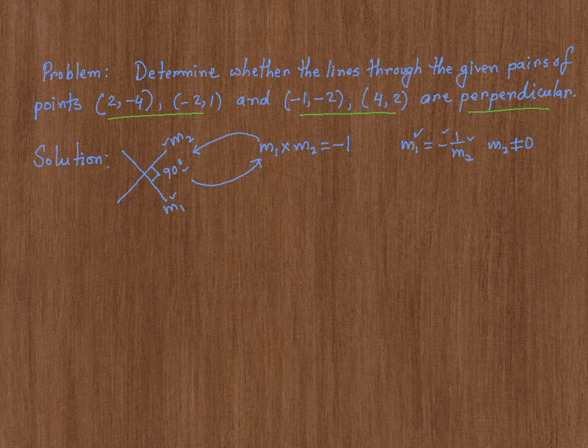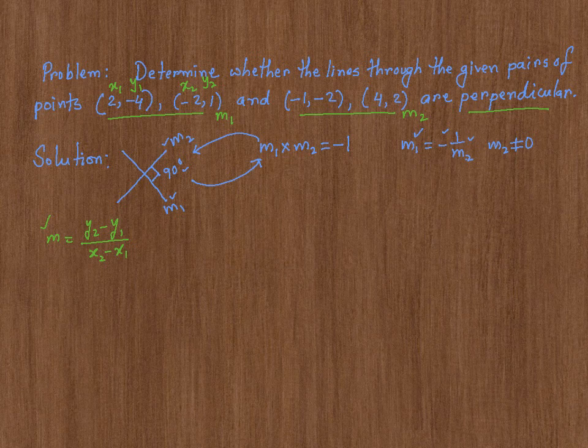Now let's go ahead and find the slope using the slope formula. I am going to call the slope of this first line m1 and the slope of the second line m2, and here is my slope formula: y2 minus y1 divided by x2 minus x1. So let's call this one x1 y1, x2 y2.